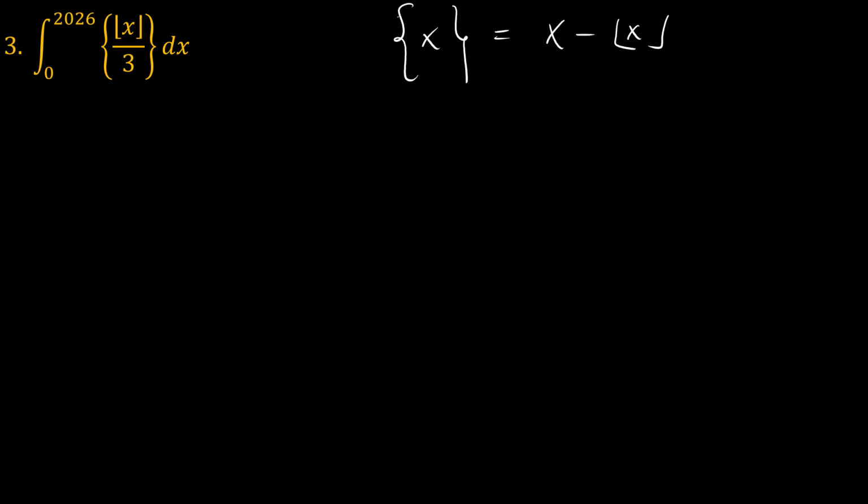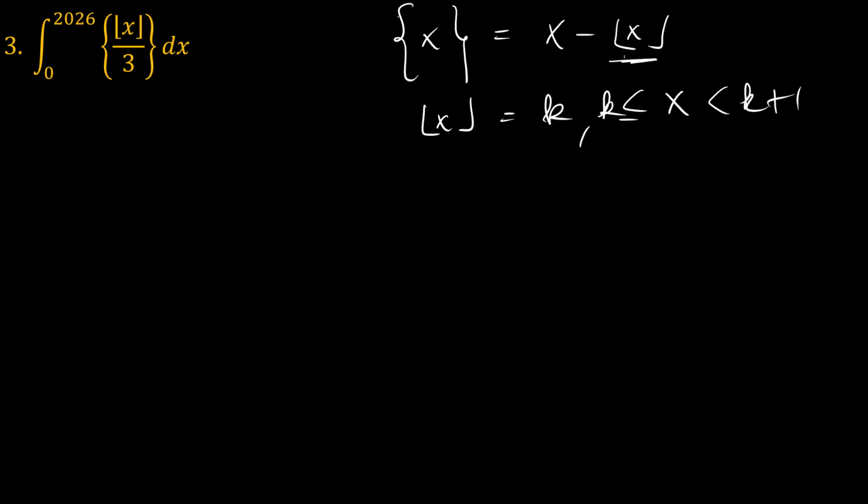Then one may ask, what is the floor function of x? The floor function of x is equal to integer k if x is less than k plus 1 and greater or equal to k. So it's that integer value lower than the real number.